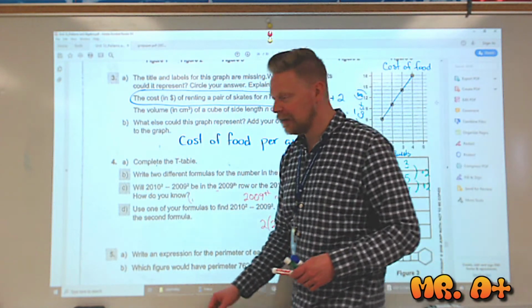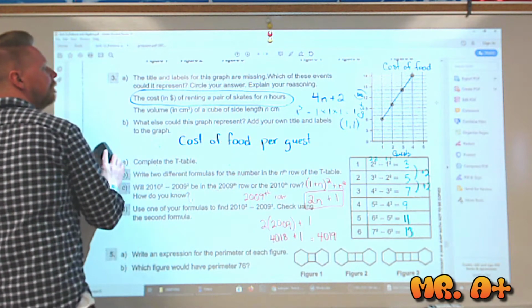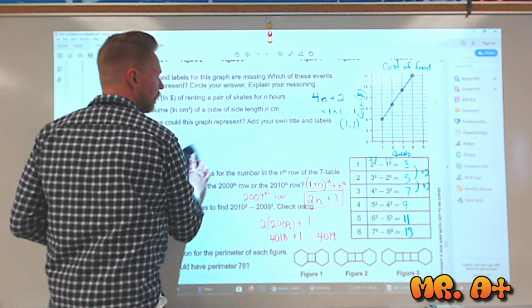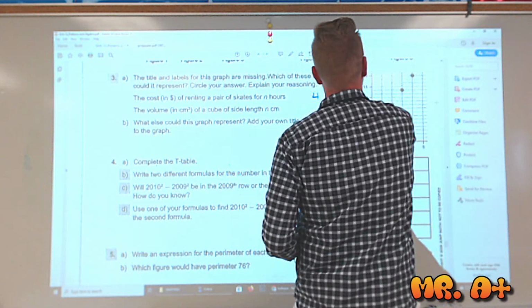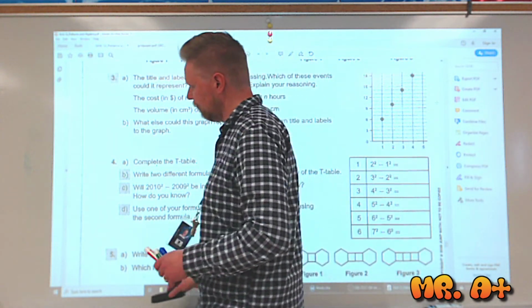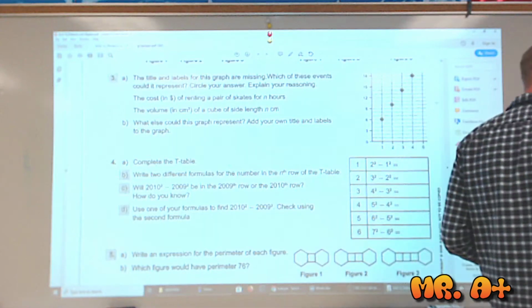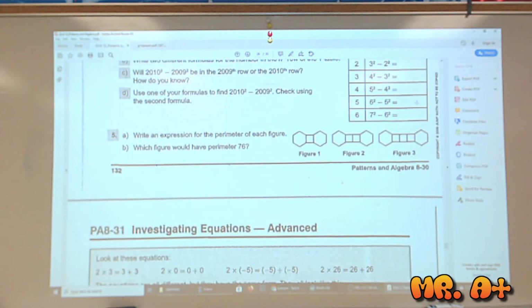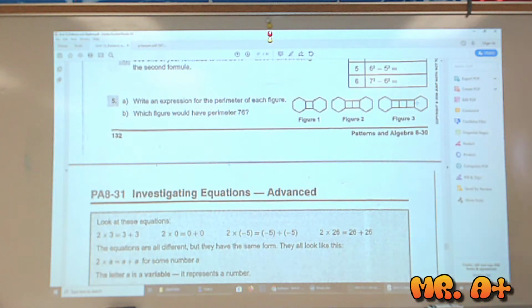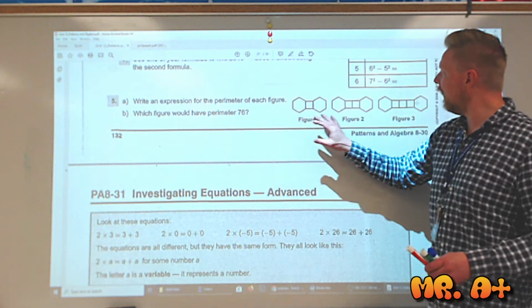Let's jump down to the last question. So the last question again has 3 figures.